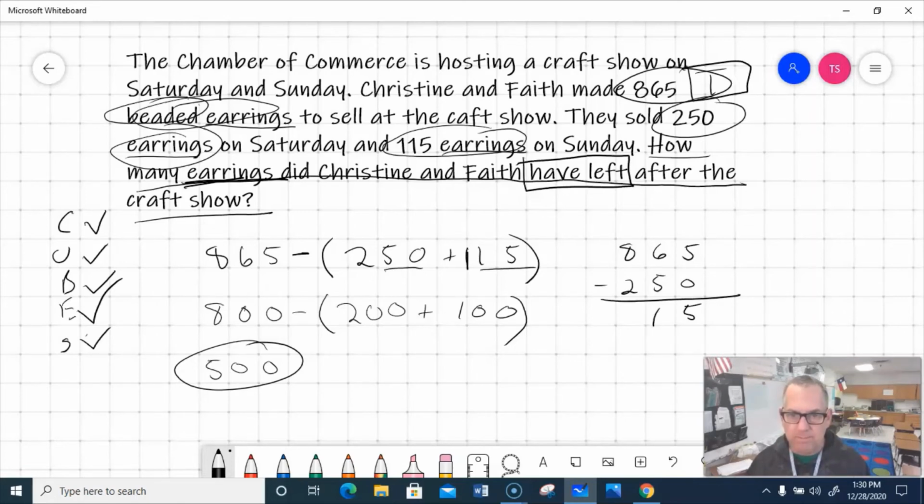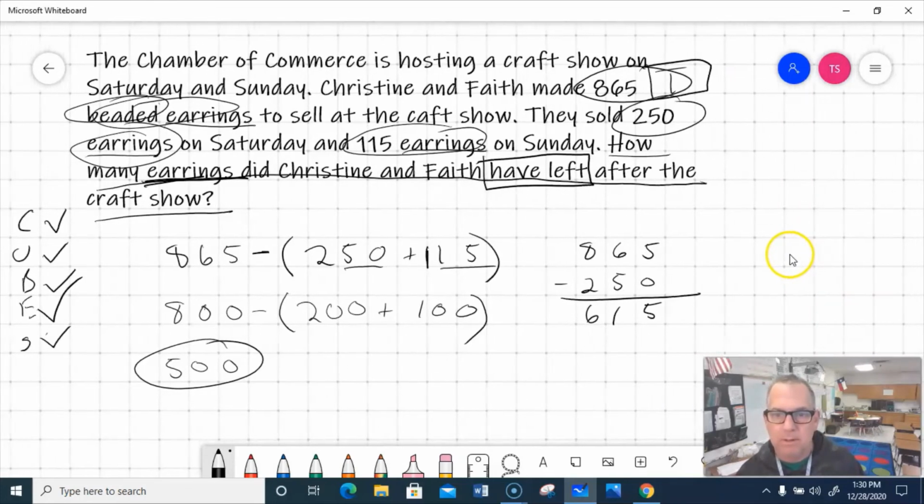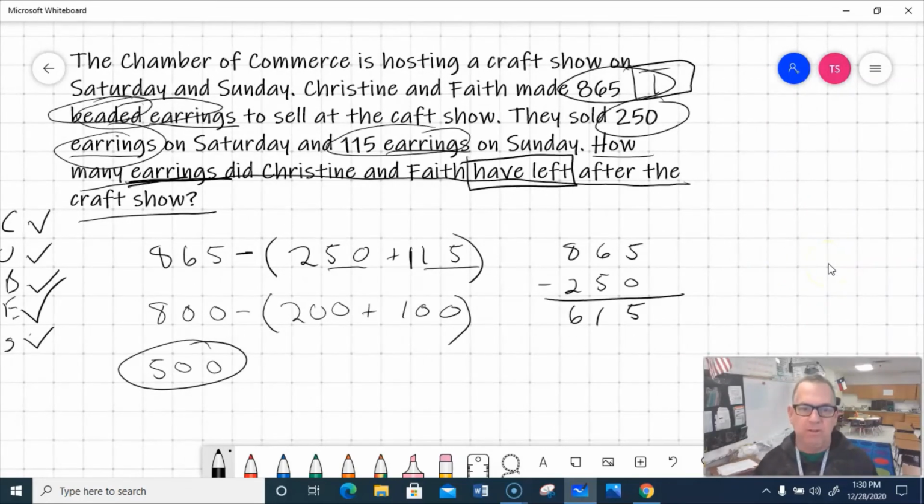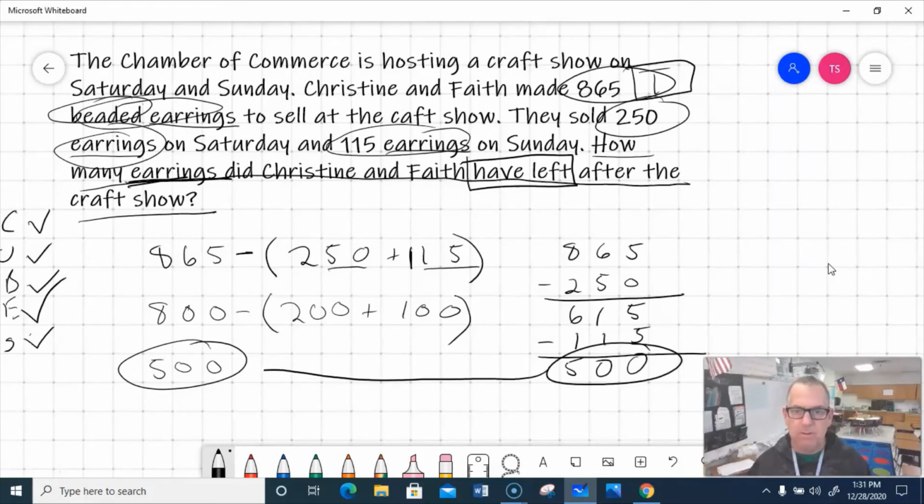And 2 from 8 is 6. So now I could subtract, scoot it over a little bit, I could subtract 115 from that. I subtract that. 5 from 5 is 0. 1 from 1 is 0. And then 1 from 6 is 5. And that gave us 500, exactly what we came up with right here.